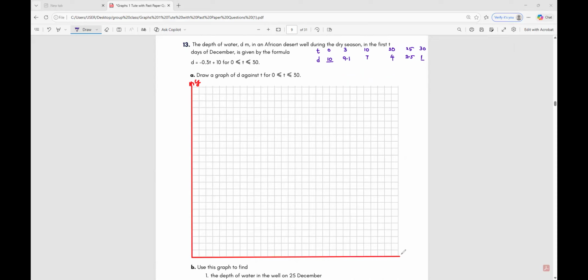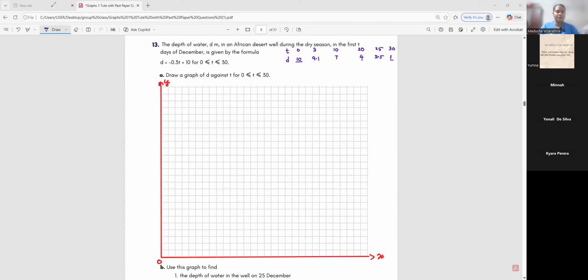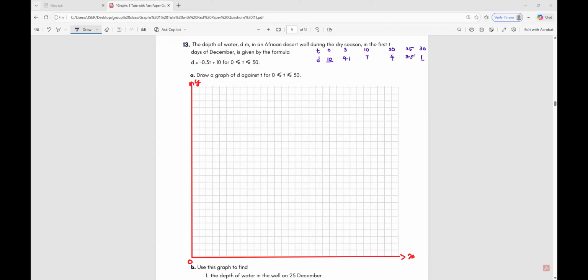Y and X, 0. Then think about the scale you need to take to mark the x-axis, 0 to 30.